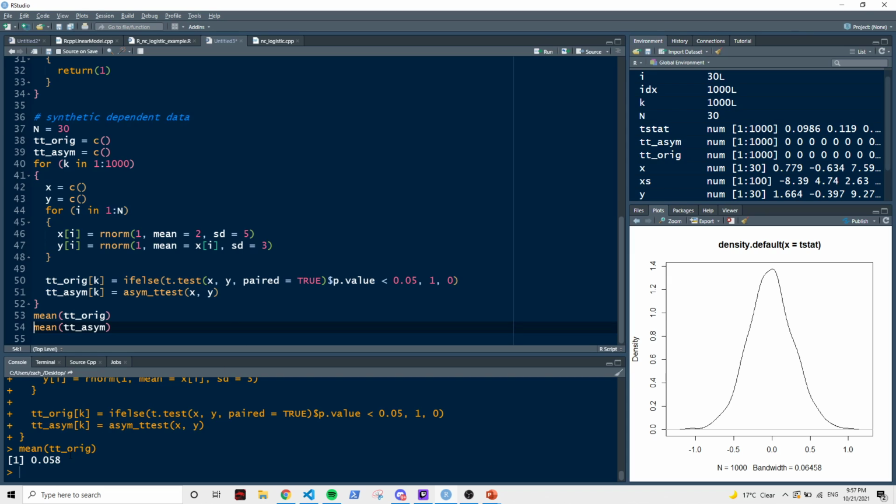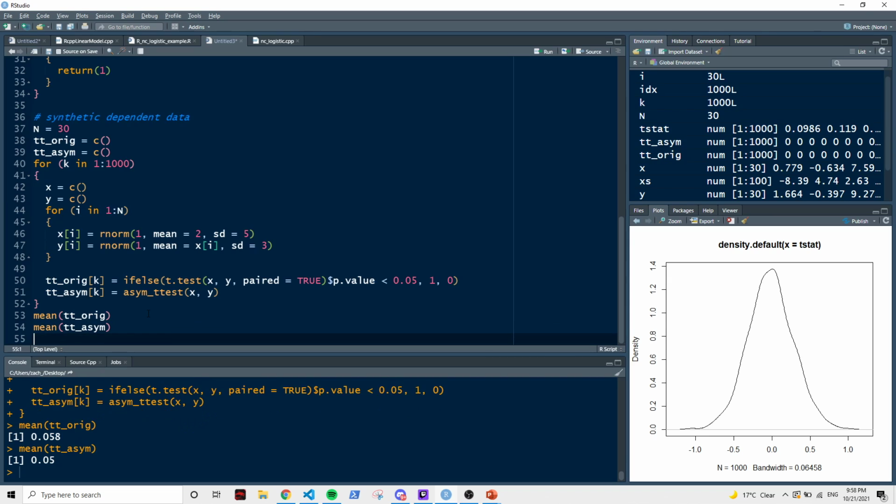And so this mean here represents the false positives, and so the null hypothesis in this case is actually true, but it rejected the null hypothesis about 5.8% of the time in this simulation. And for our asymptotic test, we got pretty much exactly a 5% false positive rate.